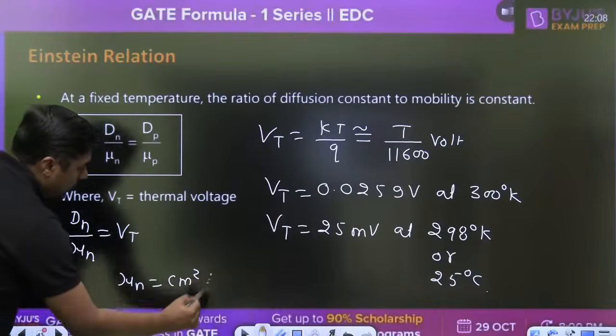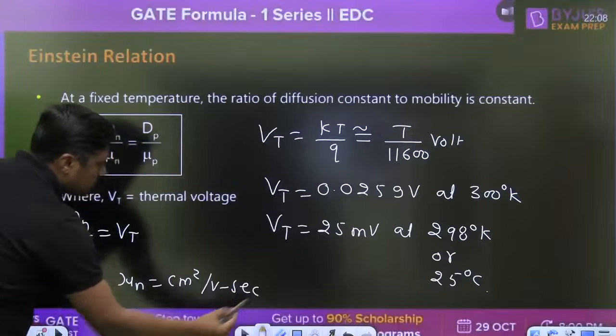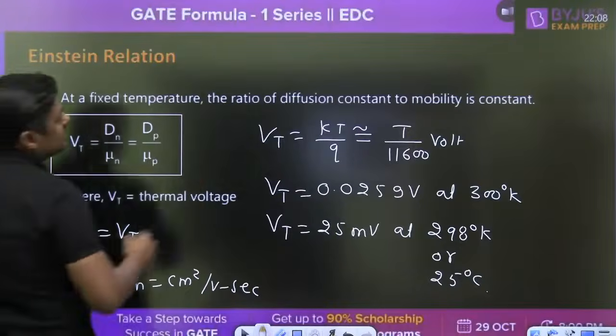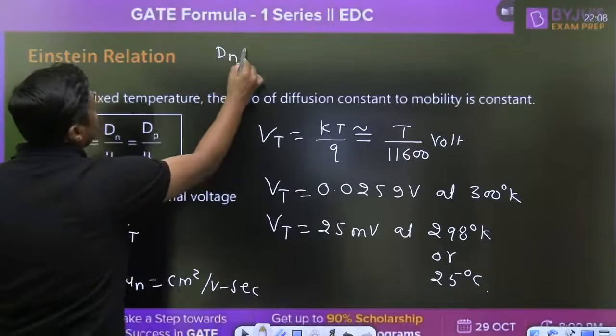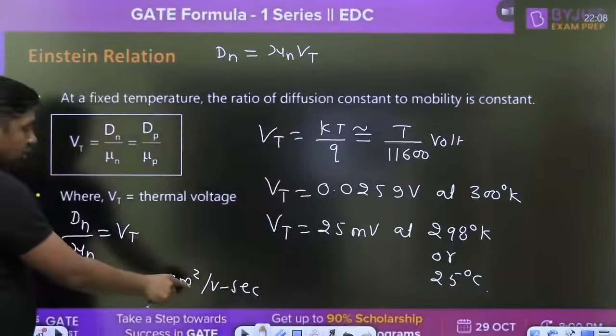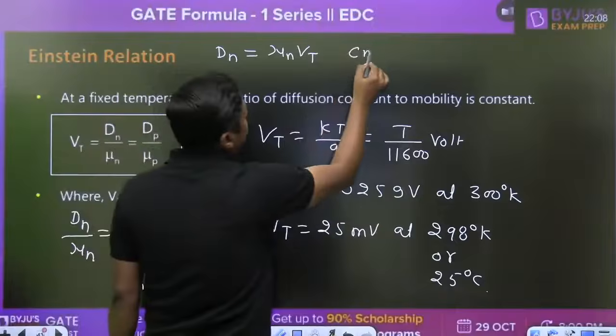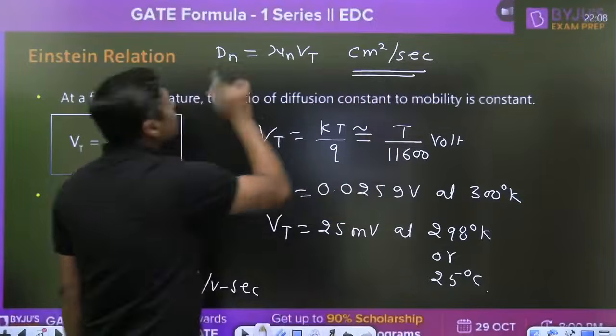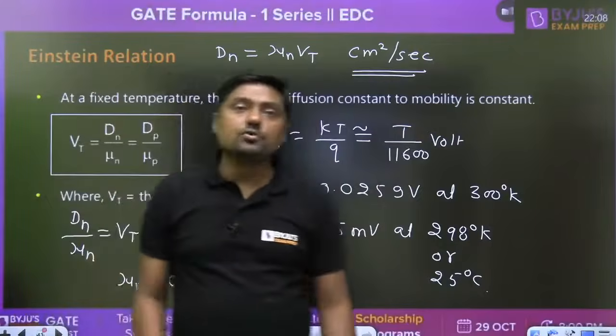Centimeter square per volt second. When it is multiplied with the volt, what is the unit of the Dn? Diffusion constant is mu n into Vt. So volt to volt cancel, and the unit is centimeter square per second. That is the unit of diffusion constant or diffusion coefficient.